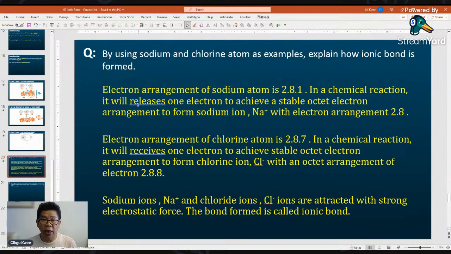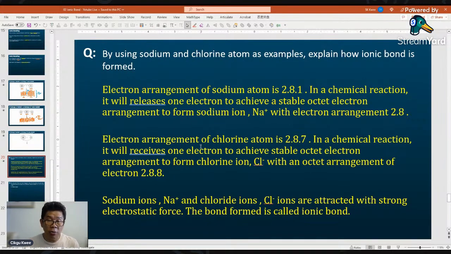In the chemical reaction, it will release 1 electron to achieve a stable octet electron arrangement and form a sodium ion, Na positive, with electron arrangement 2,8. That is 2 marks.